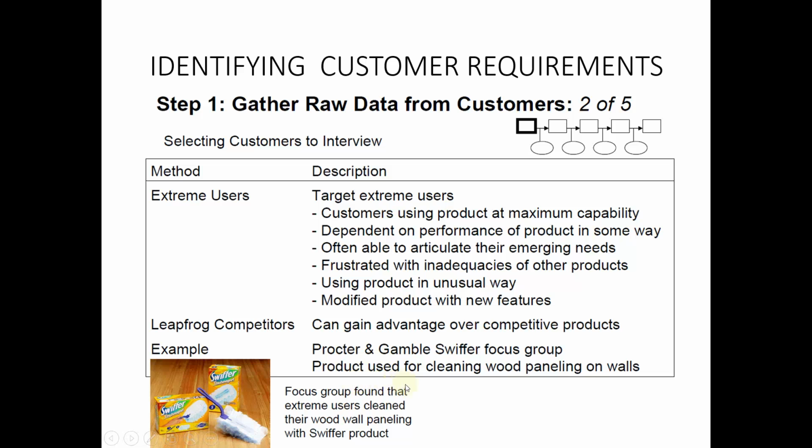When they conducted the interview or the focus group process, they found that this particular product is better when used for cleaning wood wall paneling. So that is how we can identify the uses of such products by conducting such interviews.